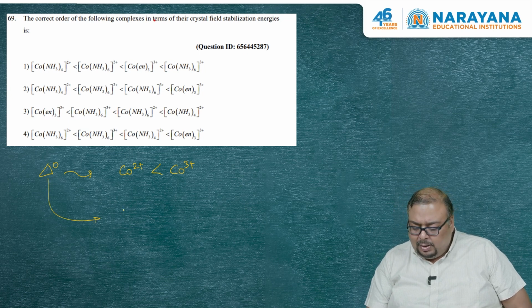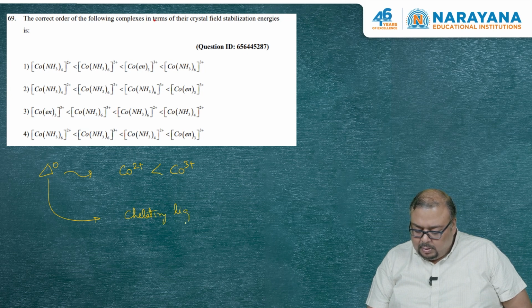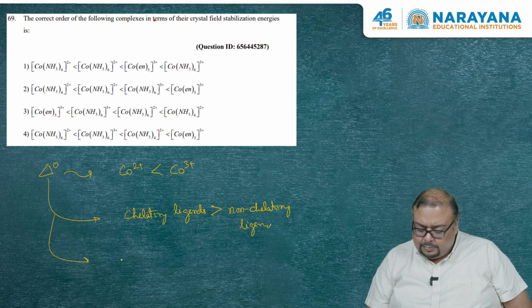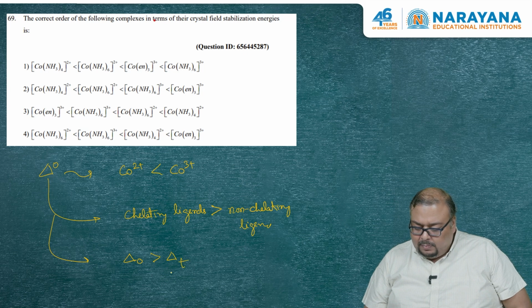And second thing is that chelating ligands will have more than non-chelating ligands because they will stabilize the complex more. And also octahedral complexes will have more CFSE than tetrahedral complexes.